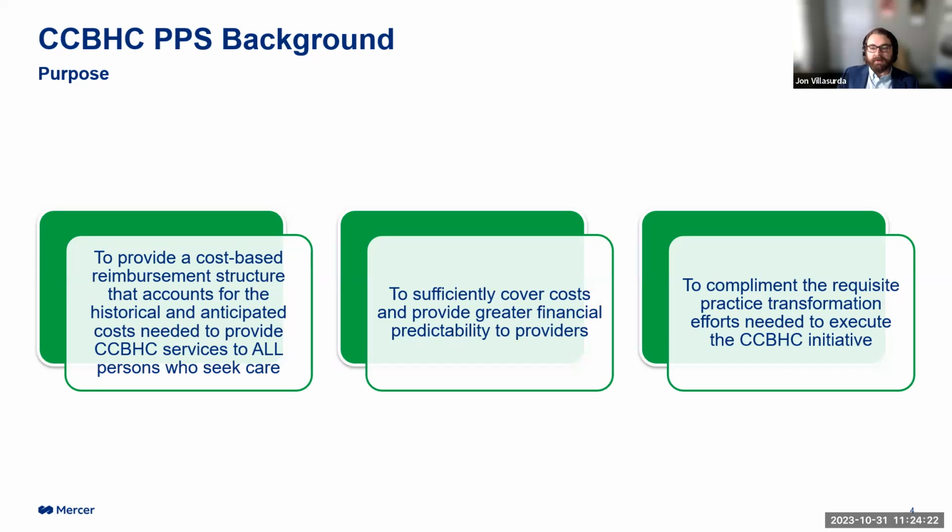And really, I think this is a driving point. It's needed to complement the requisite practice transformation, the care coordination efforts, really all of those facets of care that weren't reimbursable by Medicaid for a very long time. That is a critical component of the CCBHC model, and that is one of the core purposes of the prospective payment system.